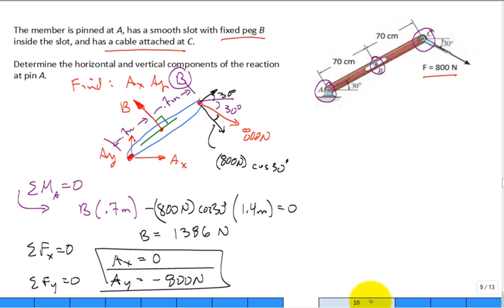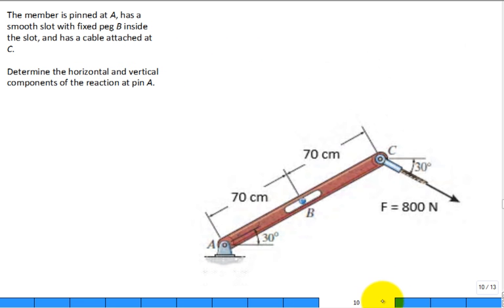Let me see if I have another way. What I did was I tried to blow up that illustration a little bit. And what I have is a line of action that goes through point B. That force that's applied to the member at B must be along that line.